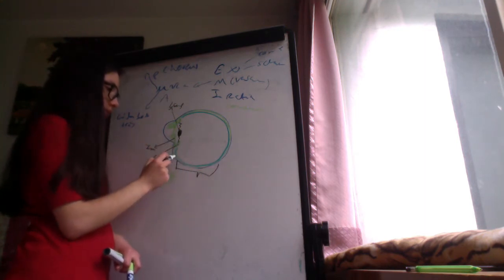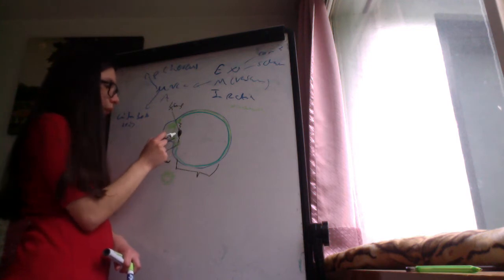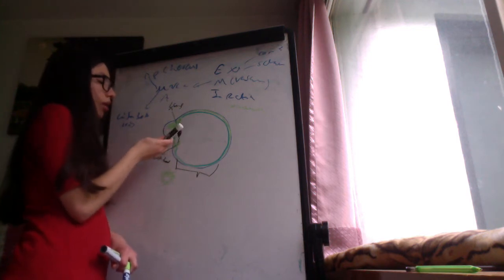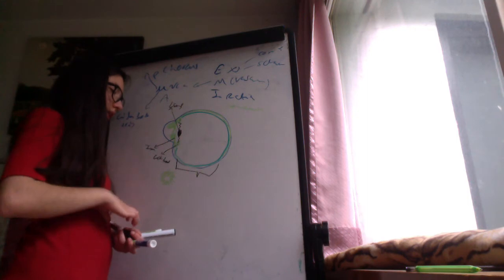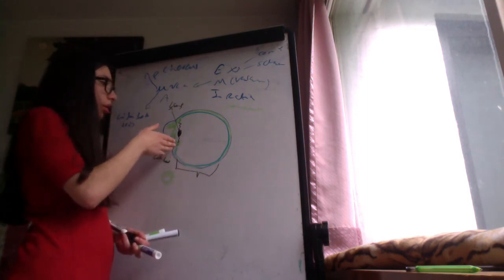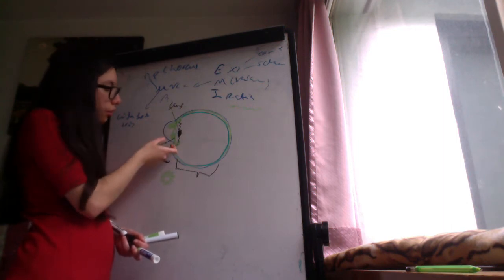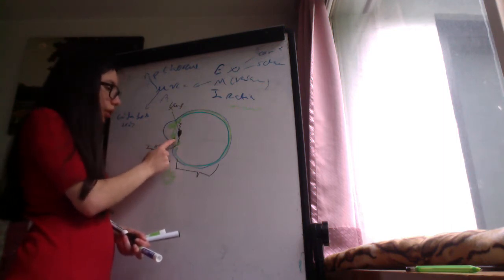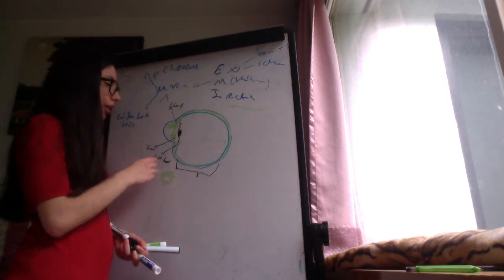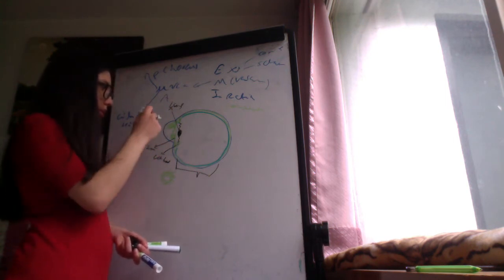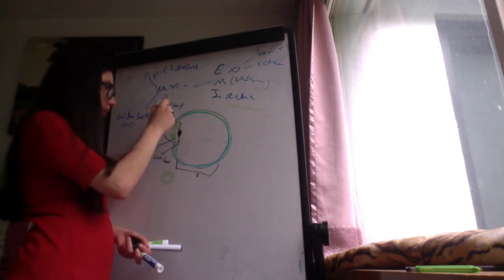So the posterior chamber is all this. The anterior wall of the posterior chamber is the posterior wall of the ciliary body and the iris, and the anterior chamber, this is the anterior chamber.